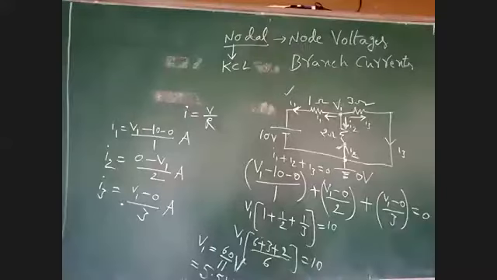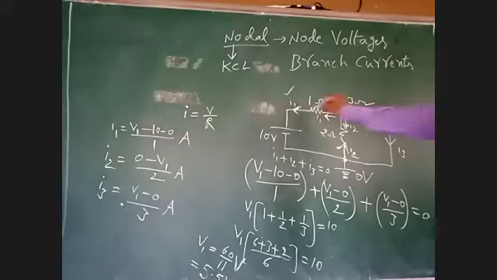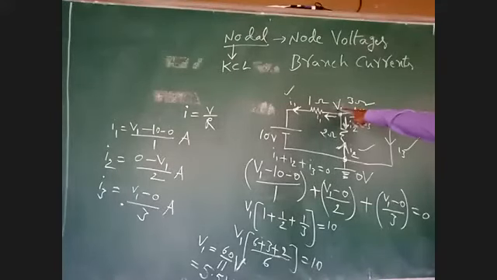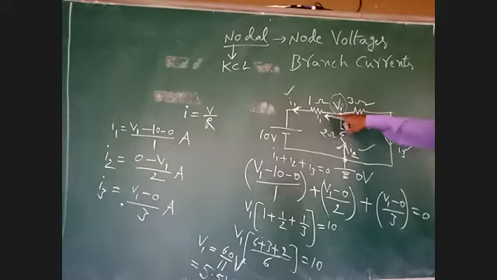Now I have mentioned the directions. These are the actual directions I1, I2, I3. The assumption is only for determining the node voltage.